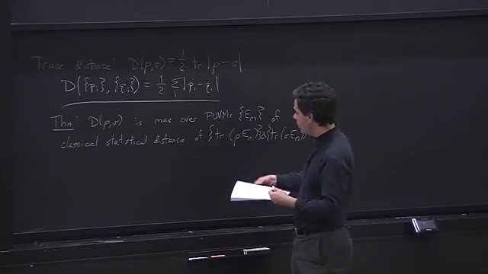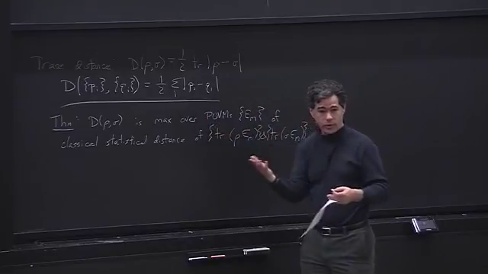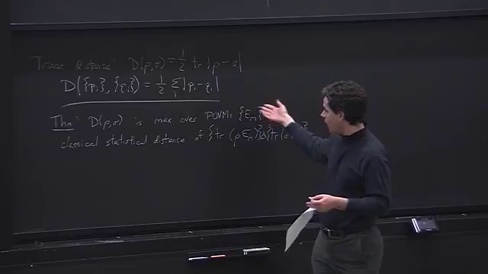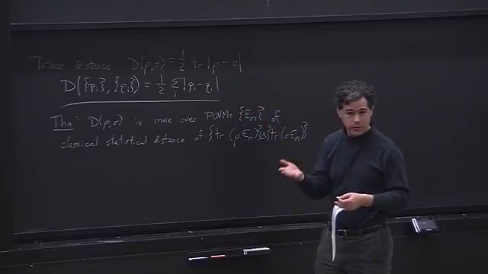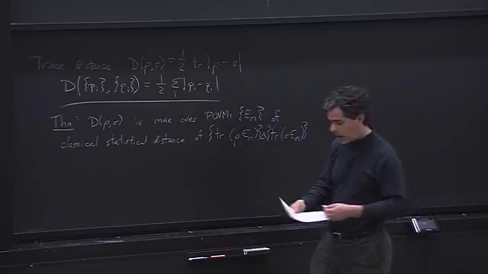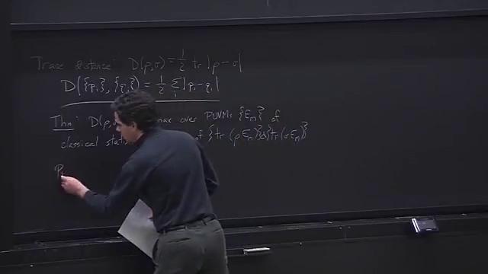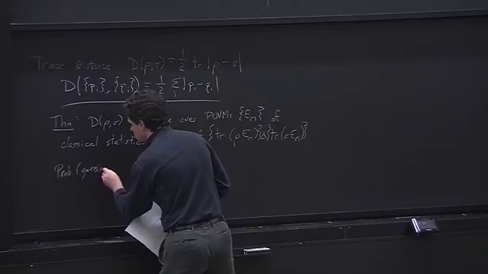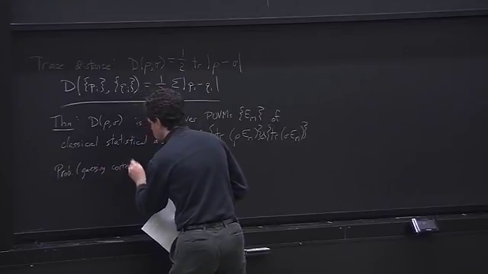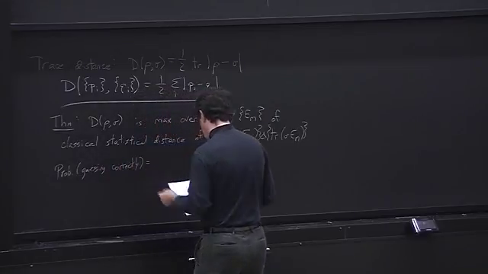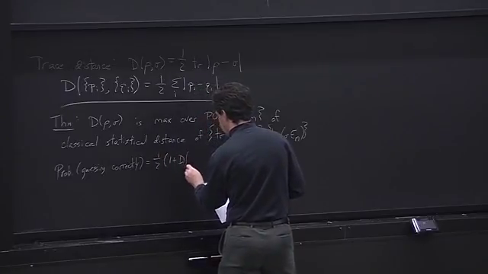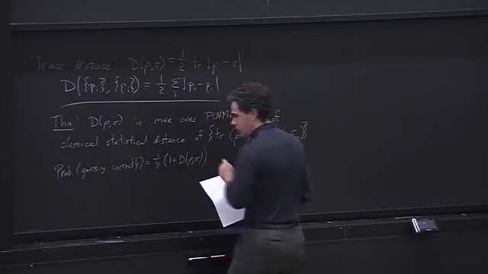So if you have a 50-50 chance of having rho or sigma, and you want to guess which one you have, this turns out to be the best possible measurement you can make to figure out which one you have. And the probability of guessing correctly is then 1/2 (1 plus the trace distance).